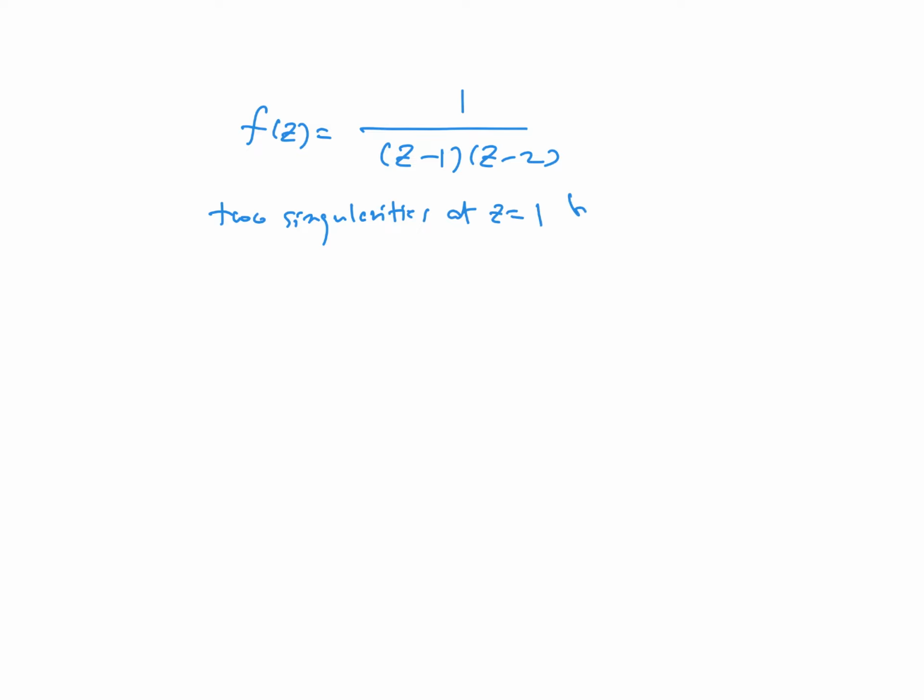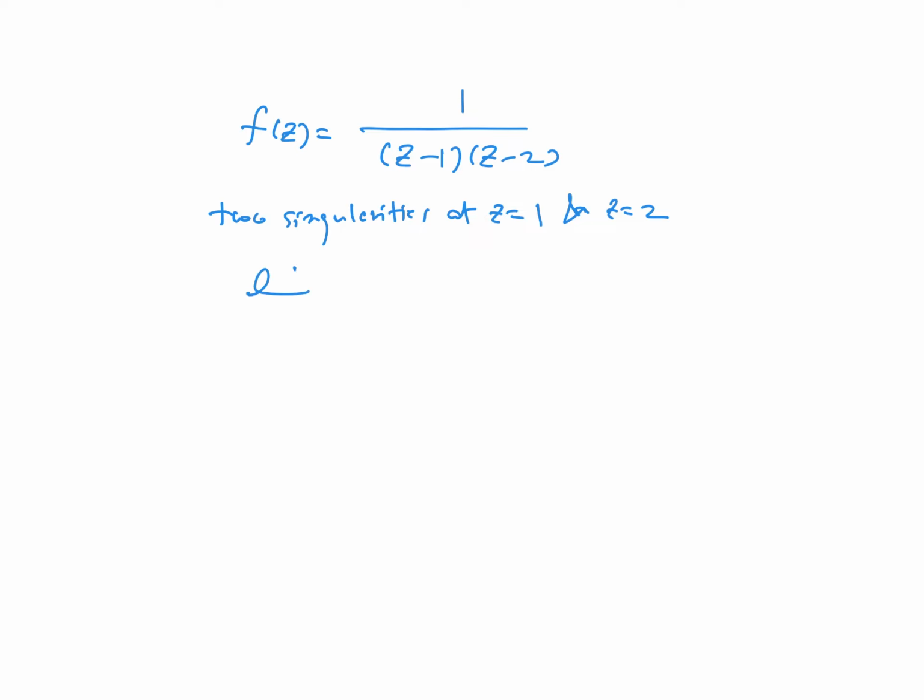We can continue with some more examples. f(z) equals 1 over z minus 1 times z minus 2. So how many singularities do we have now? 2, right? We have 2 singularities at z equal to 1 and z equal to 2. So we can check whether these are simple poles or double or higher order poles.